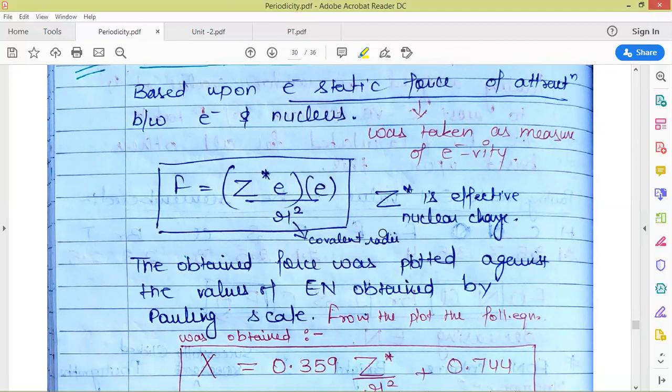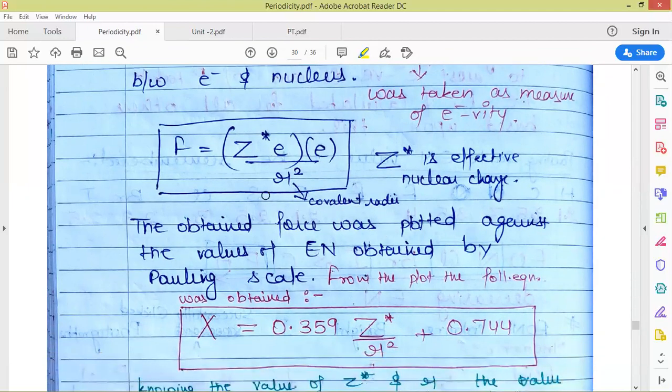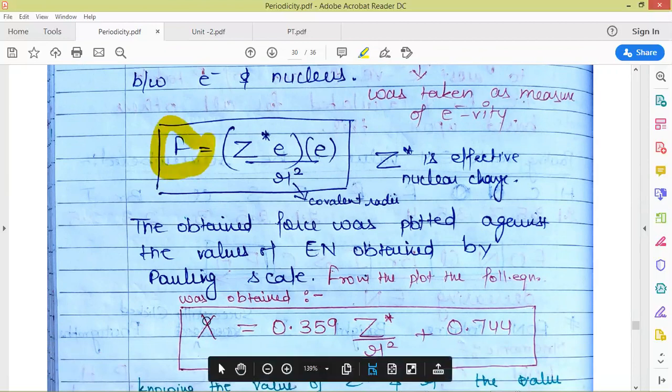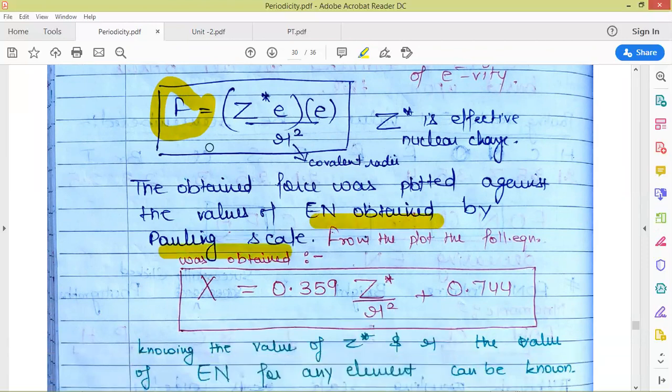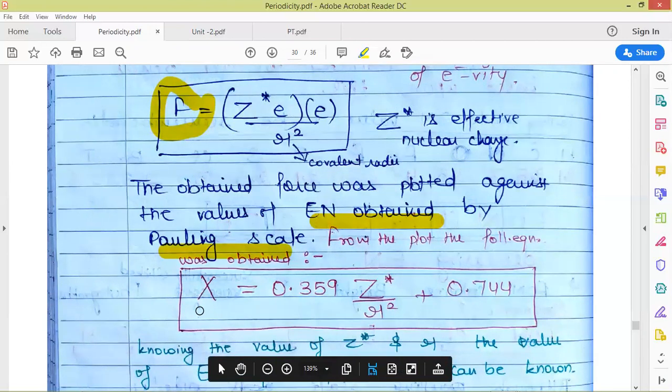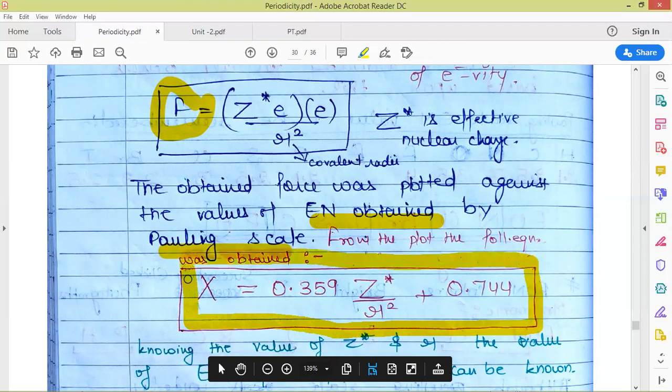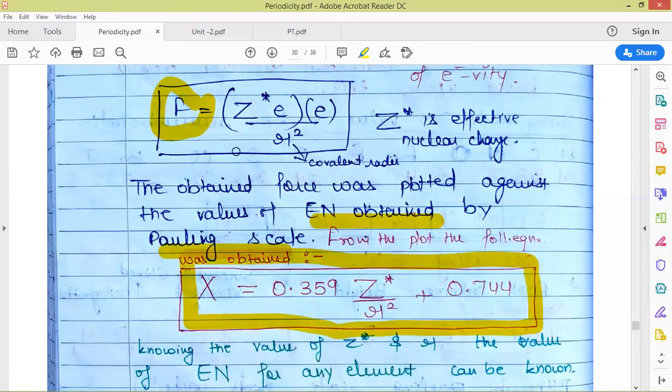From here the values of force were obtained for different elements, and this value of force was plotted against the electronegativity values given on the Pauling scale. Then this equation, which shows the variation of Z effective and r square, was obtained from that graph.